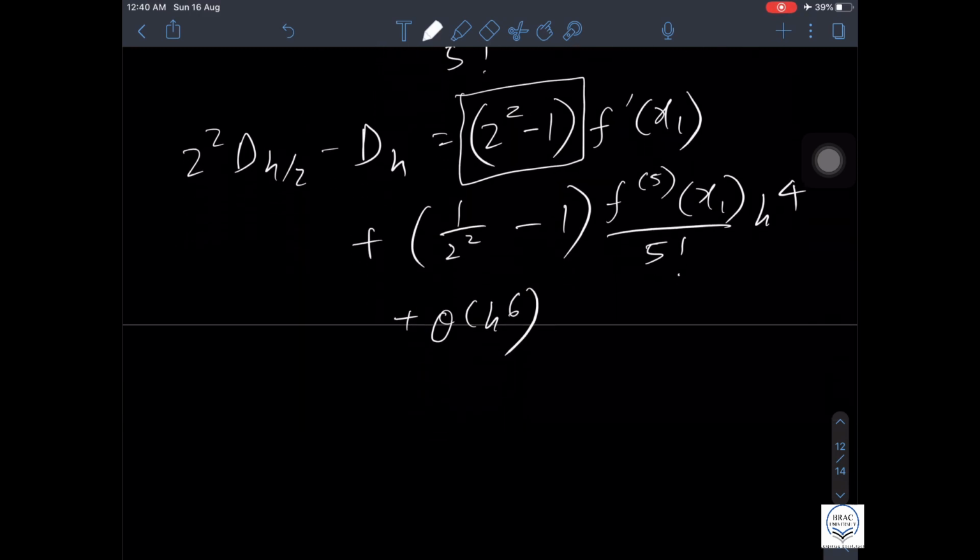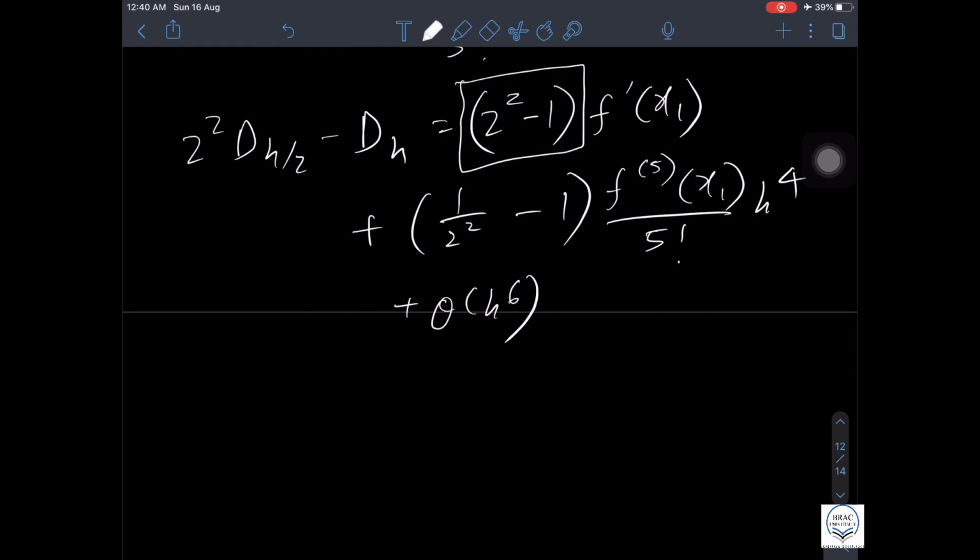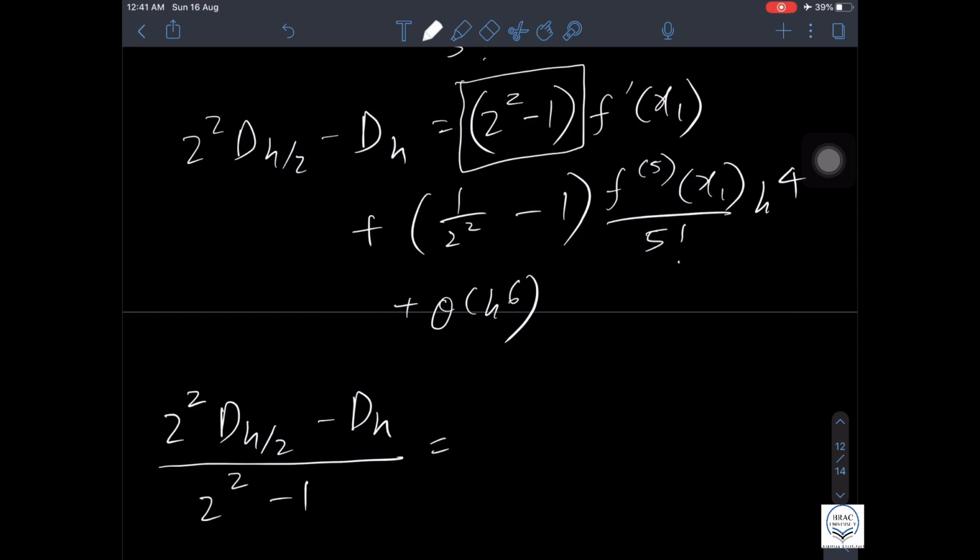All right. So if you divide by 2^2 - 1, then you see that (2^2 d_{h/2} - d_h) divided by (2^2 - 1) will give you f prime of x1, right? And you'll have this plus 1 by 2^2 minus 1 divided by 2^2 minus 1.